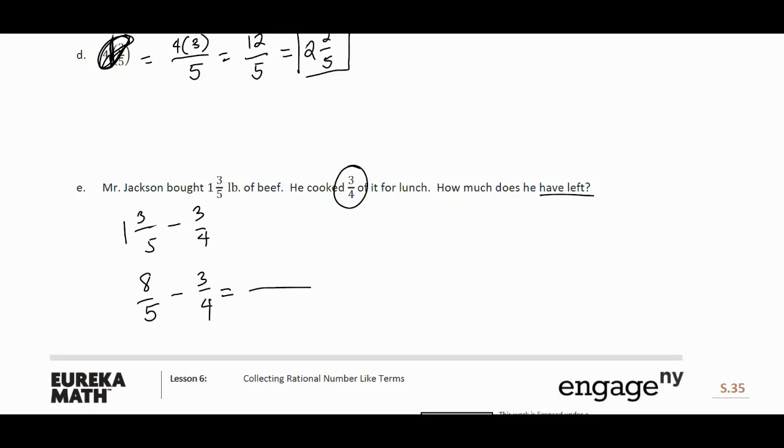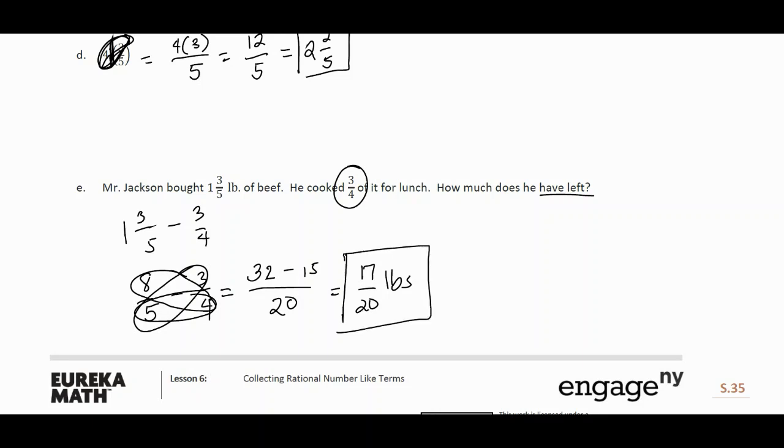So 5 times 4 is 20. 8 times 4 is 32 minus 5 times 3 is 15. 32 minus 15 is 17/20. Can we simplify 17/20? No. So it means there are 17/20 pounds left.